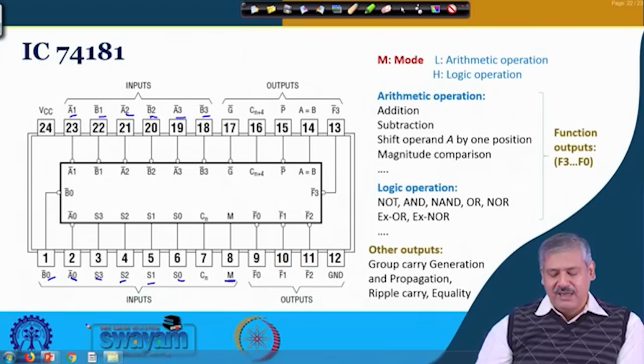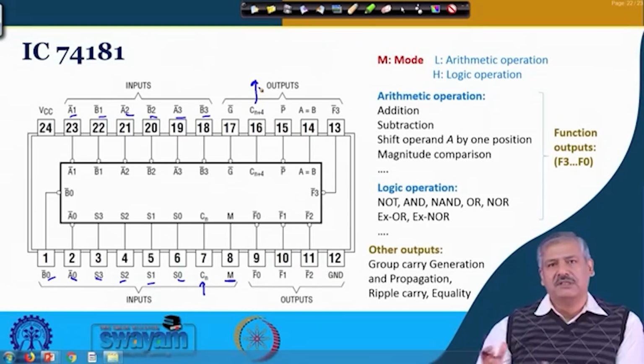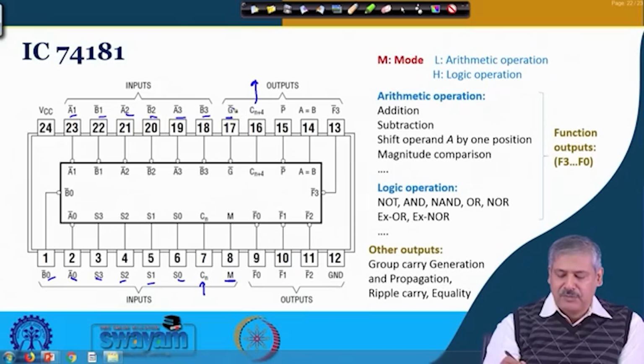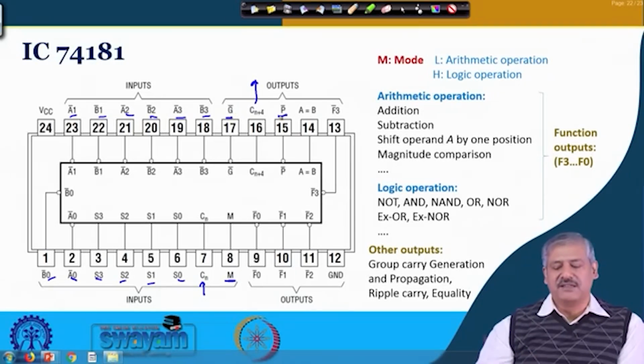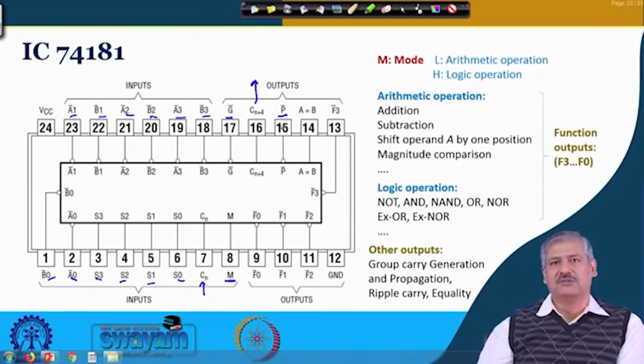And this is the carry input which can be taken from the previous stage or another logic circuit, and this is the carry output which you can take to the next circuit. So, it can be used for ripple carry addition if you so require. Other than that, you have the group carry generation and group carry propagation terms that are generated, which could be useful, and we shall see one such framework by which these two group carry terms are used for fast addition.